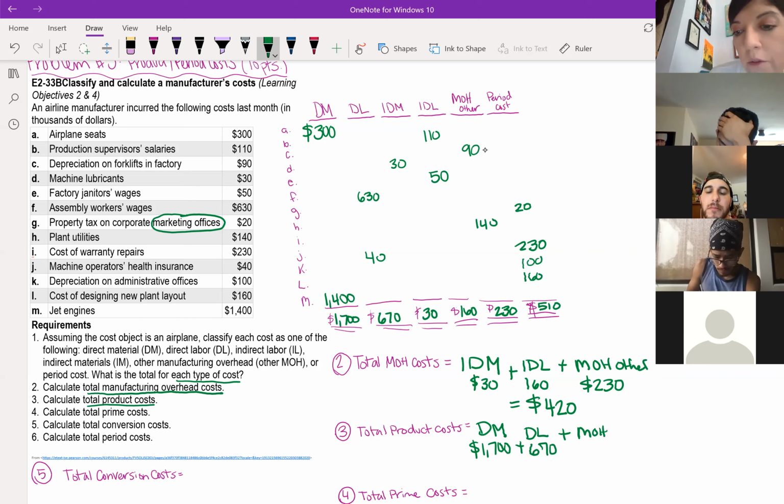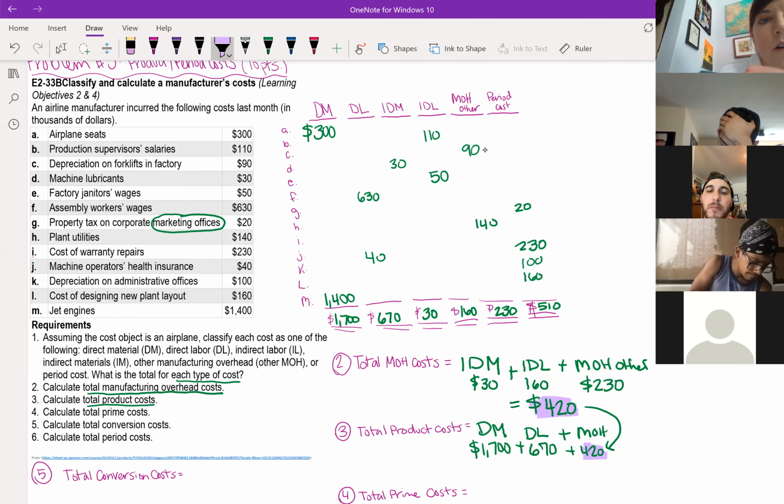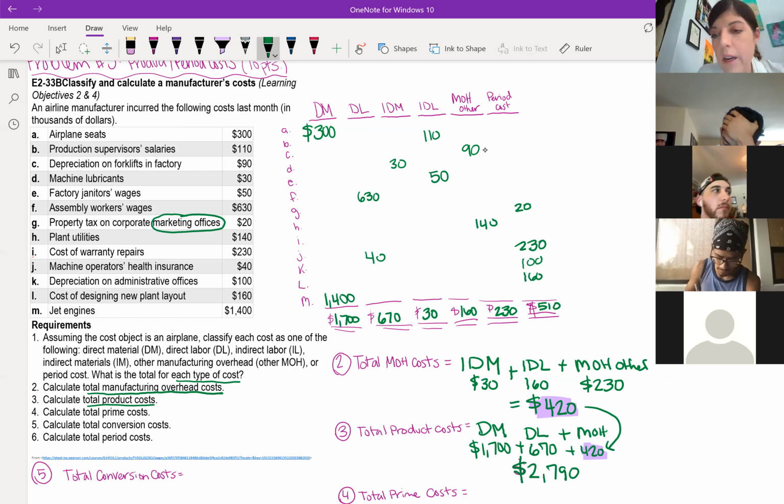So from above, 420. Because you went through that time and calculated it. So for a total product cost, 2,790. Yep, 2,790 is our total product cost.